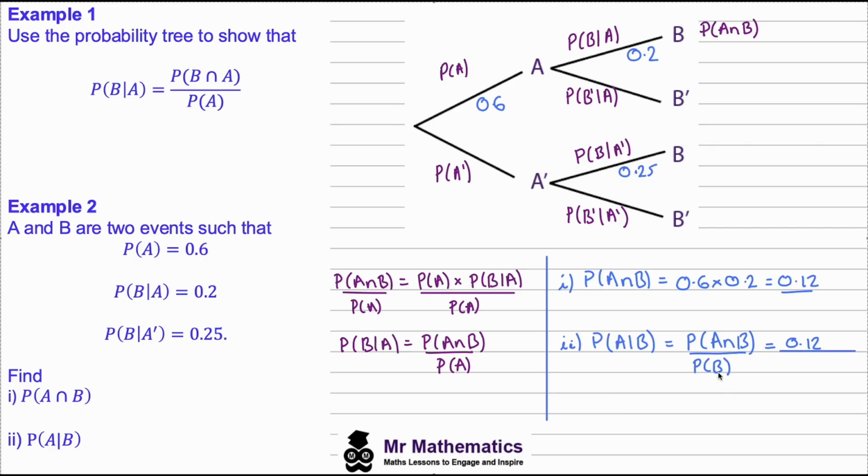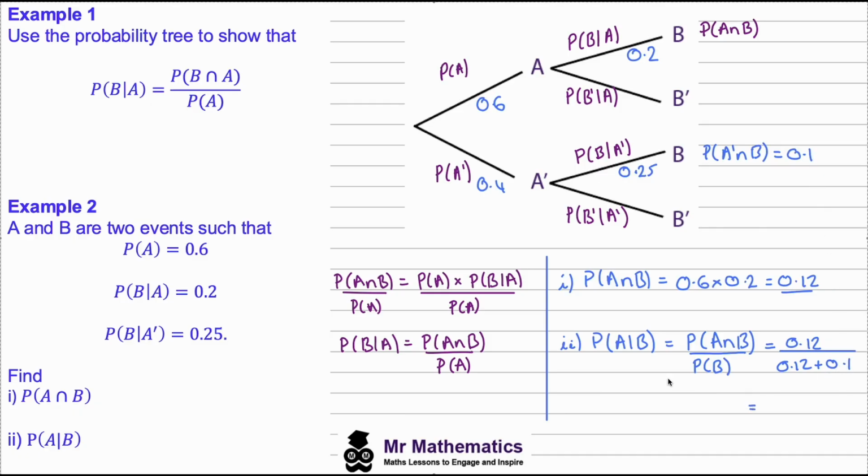For the probability of B, well, this would be A and B, so 0.12. Or it could be not A and B. And if this is 0.6, then this one will be 0.4. So a probability of not A intersecting with B will be 0.4 times a quarter. So this would be 0.1.